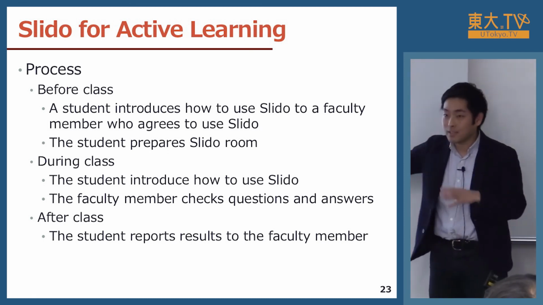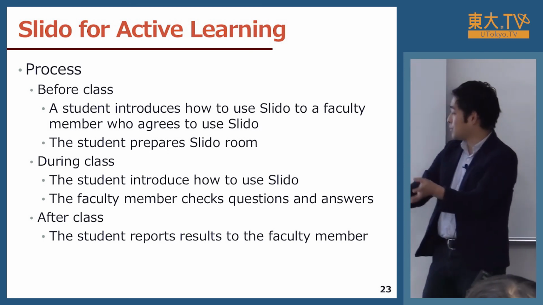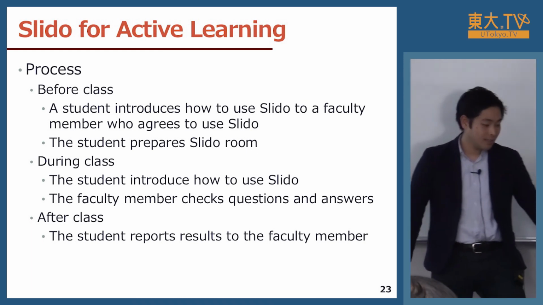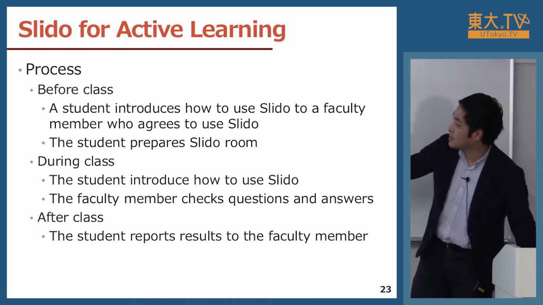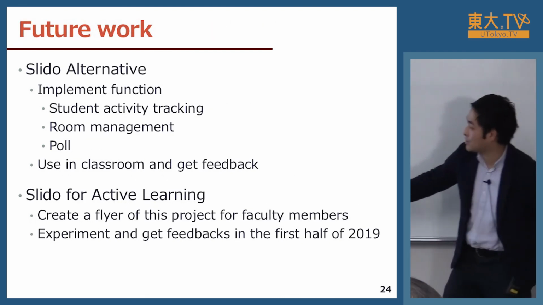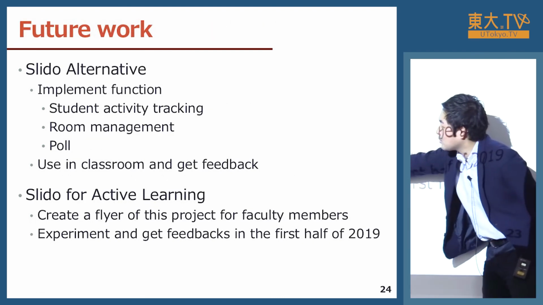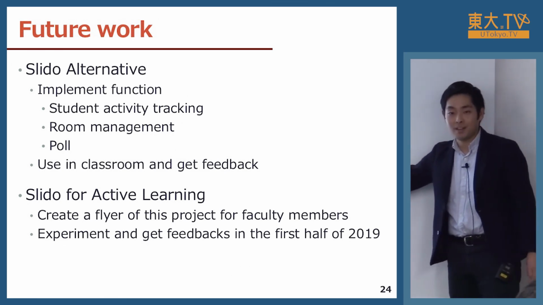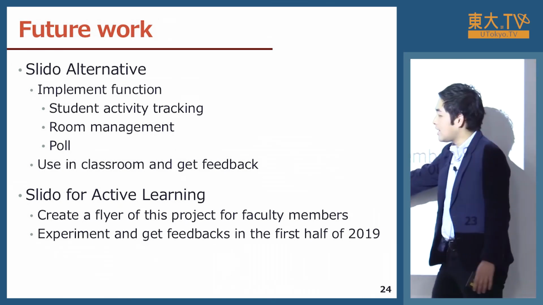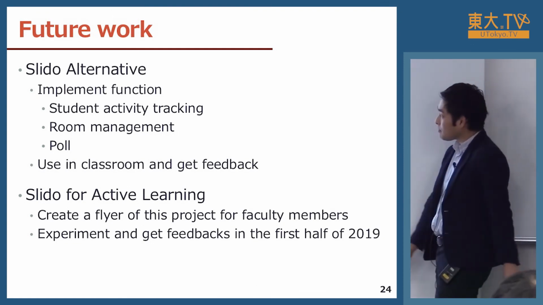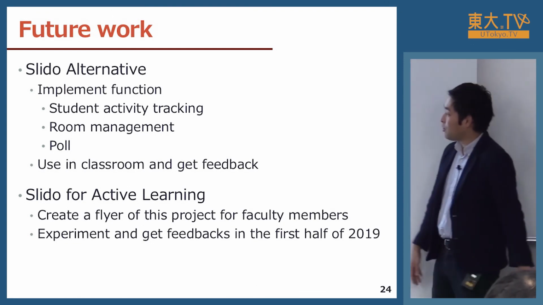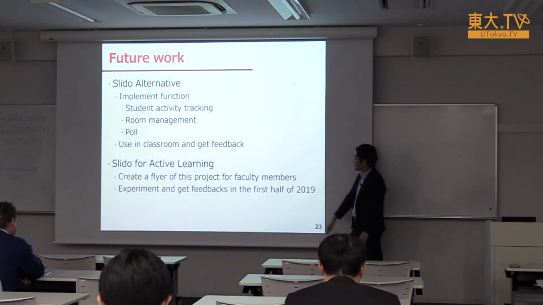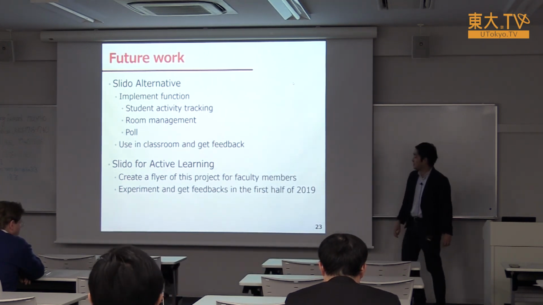After the class, the student reports the results to the faculty member. In the next semester, we would like to introduce Slido with students through this project. Now we are creating a flyer for this project for faculty members.